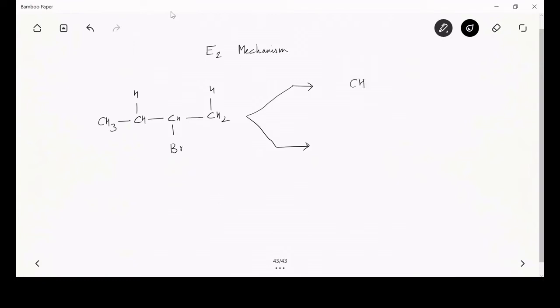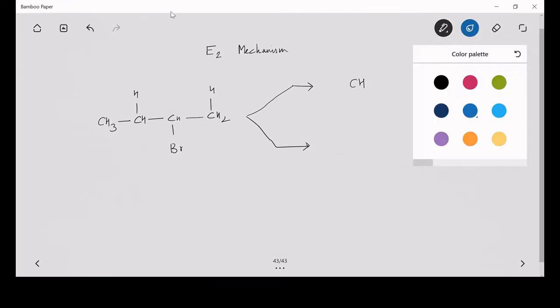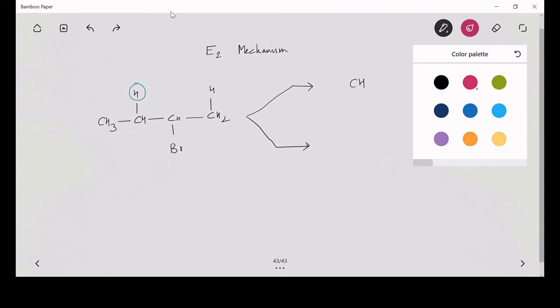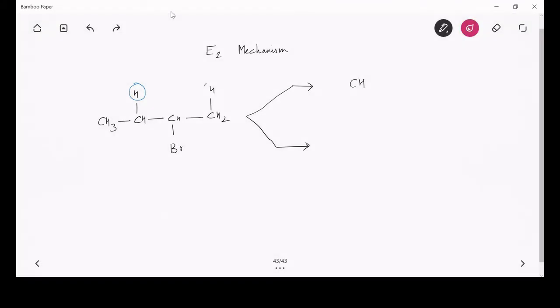One product is by the deprotonation of this proton by a base, in presence of a base, of course, and another is due to the deprotonation of this proton.